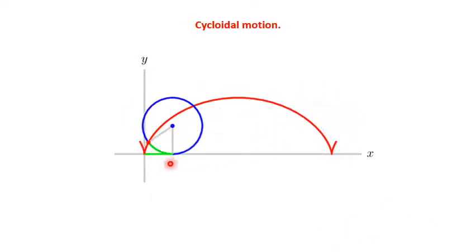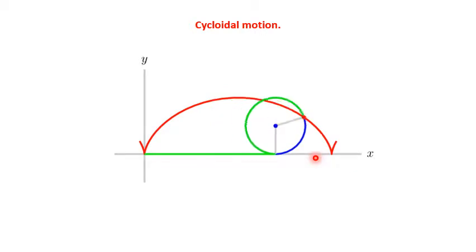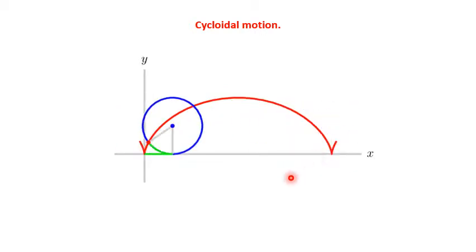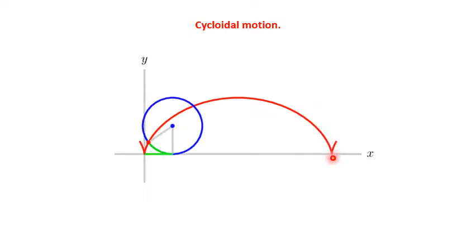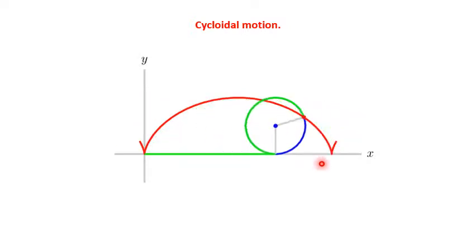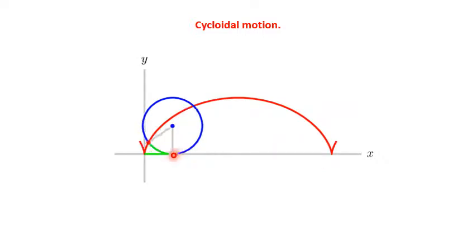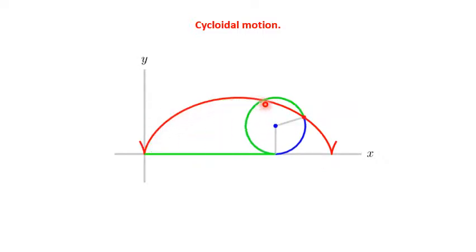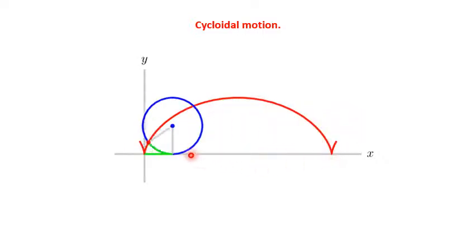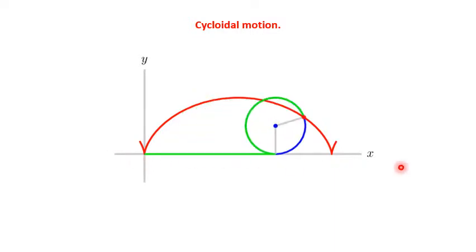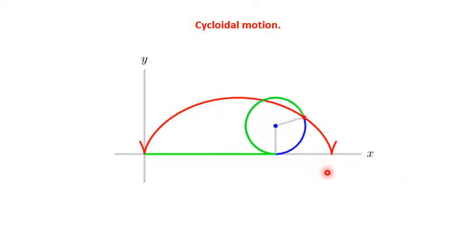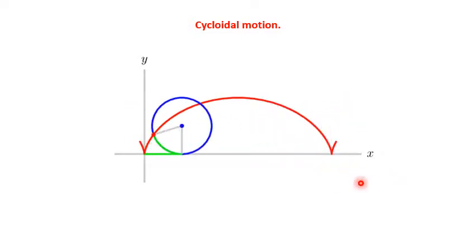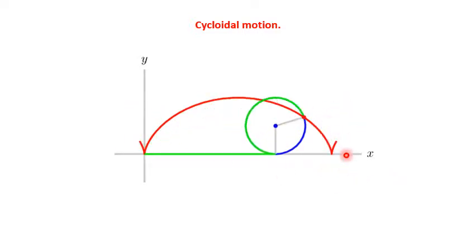If you see this video, you will come to know the cycloidal curve. See, this red curve is the curve traced by the cycloidal motion. There is a pointer on this cylinder which is tracing this curve. This cylinder is rolling on this flat surface without any slip. This is nothing but a cycloidal motion.